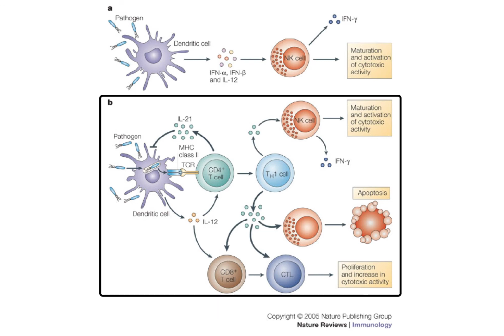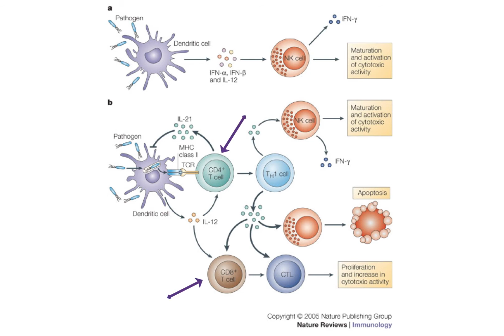Down here, there's a slightly different reaction where the dendritic cells are activating the CD4 and CD8 T cells through that MHC2 receptor presenting the antigen, and then connecting up with the T cell receptor and the CD4 receptor as well. And so those will activate these Th1 cells that will in turn activate the natural killer cells, and they'll become mature and start killing any infected cell that they come upon.